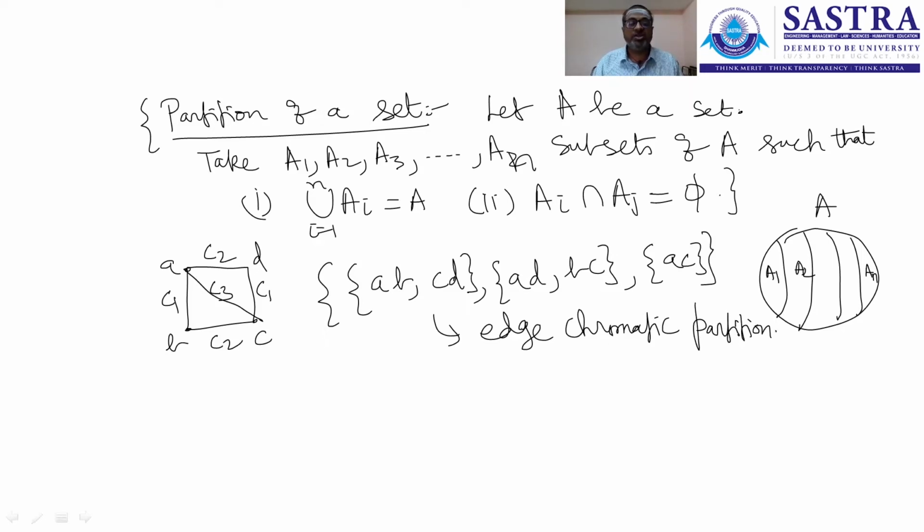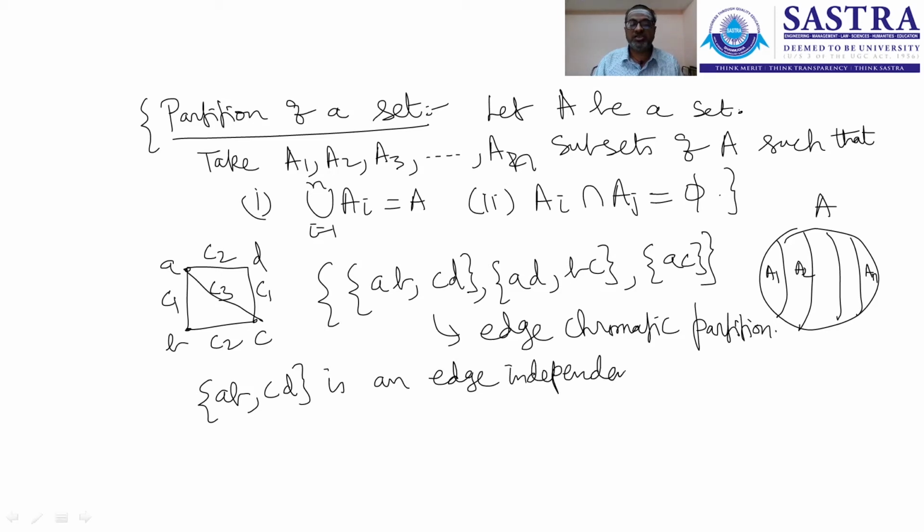A partition of the edge set into independent sets. So this is also called an edge independent set. This AB, CD is an edge independent set. What is this edge independent set?